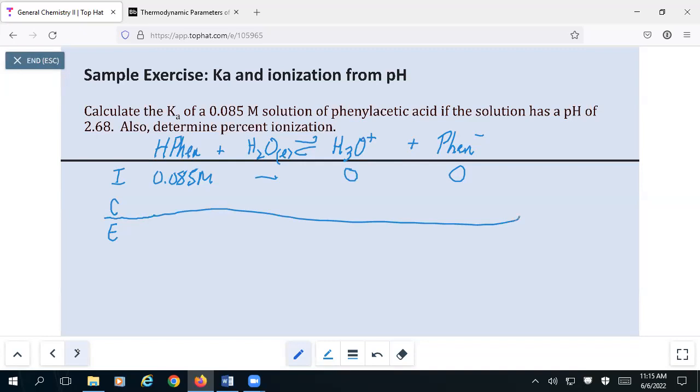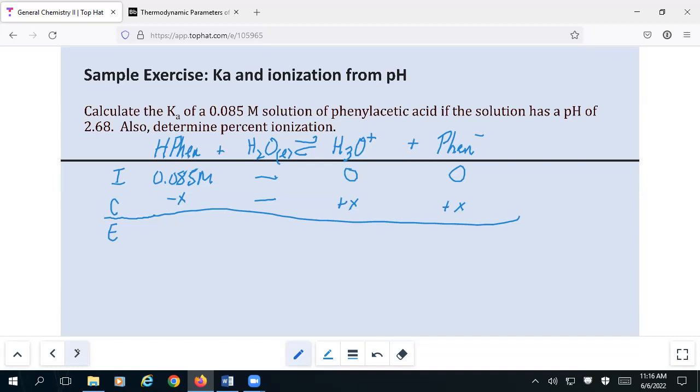Setting up the rest of our ICE table, we know we're going to lose some amount of acid. Don't care about the water still. We're going to gain some amount of hydronium, gain some amount of conjugate base. And again, the good news in these kinds of equilibria is all of our coefficients are ones. So in some ways, the equilibria that we just took that quiz over are a little bit more difficult than these, because when we're talking about these acids interacting with water, everything's 1 to 1 to 1 to 1.